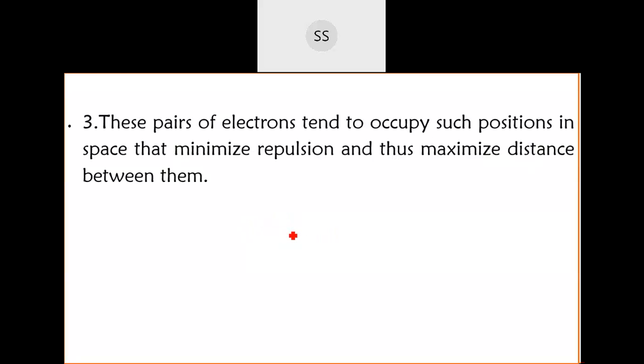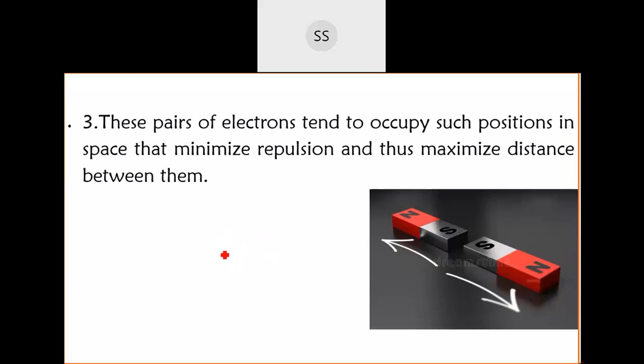Then when they are repelling one another, how should we keep them? That was the next postulate, the third one, which is linked to the second. When the electrons are negatively charged, you should place them at maximum distance and minimum repulsion from one another. Like in the case of a magnet, when you have two like poles, they cannot be put together, so you keep them at a maximum distance.